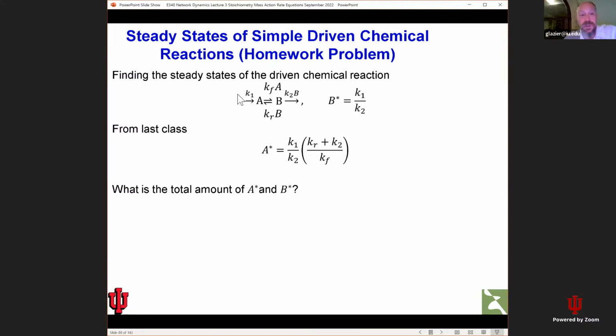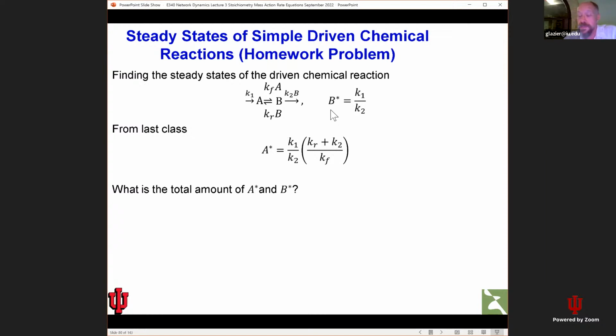I have a source, which is KF. The amount of B that I'm going to have will then be KF divided by KR plus K2. Here I want A rather than B, so I have to take the reciprocal. It's KR plus K2 divided by KF. And the net thing is the product.